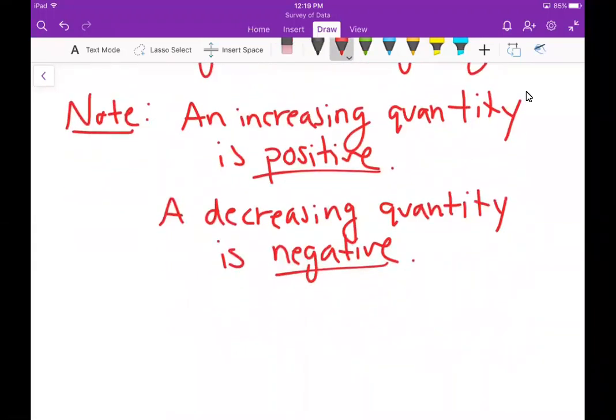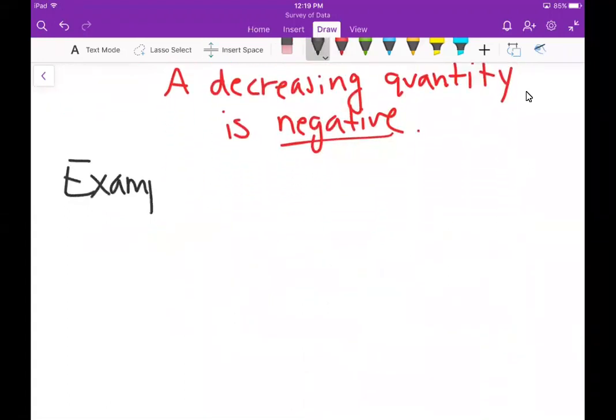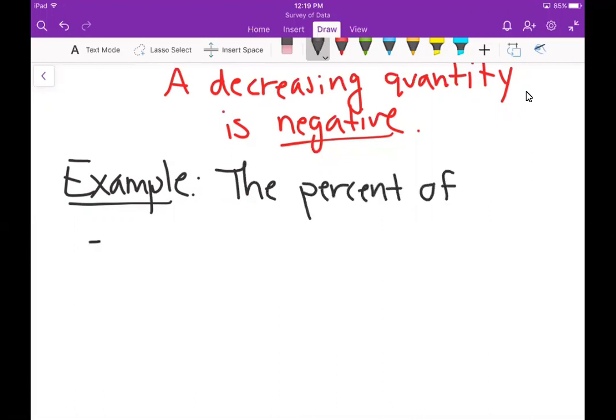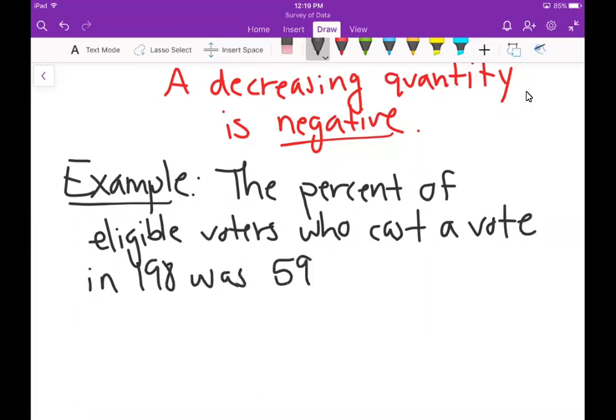So let's give this a shot. Let's do an example to see if we can find change with the correct sign. So here's your problem. You can write it down with me. The percent of eligible voters who cast a vote in 1980 was 59.2%.